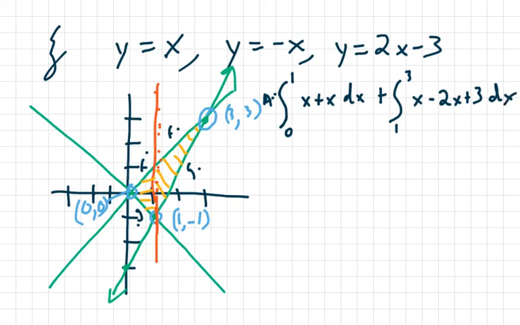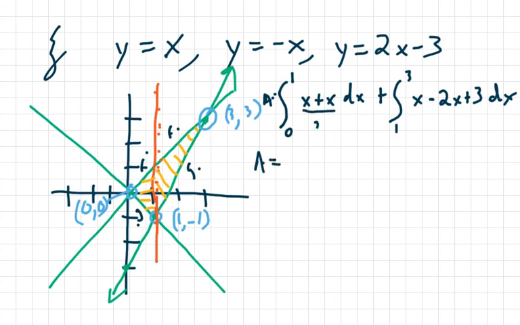Now, it wouldn't matter if you did what I did in the reverse order, like if you did the 3 to 1 plus the 1 to 0, as long as your boundary points are in order. So if you flip those around, you went 3 to 1, 1 to 0, 0 to -2, -2 to 5. As long as it's in order, that's fine. Okay, let's keep going. Area equals 2x, right?